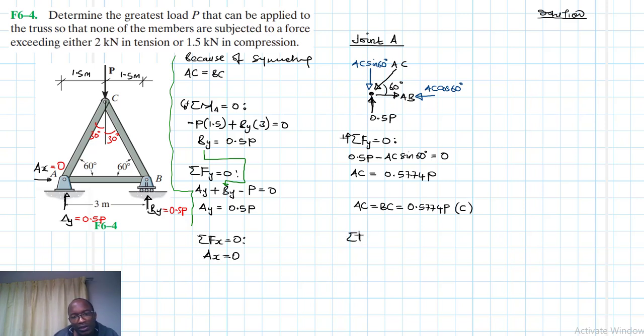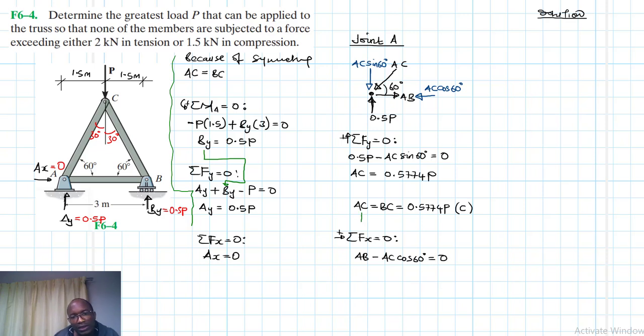Then we have summation of forces in the X equal to 0, in this direction being our reference. What do we have? We have AB minus AC cos 60 equal to 0.